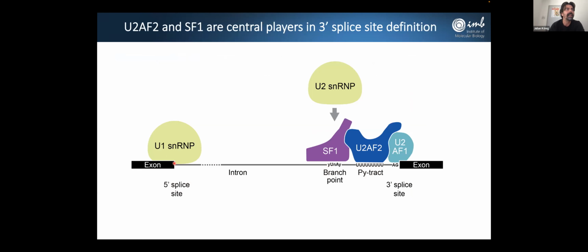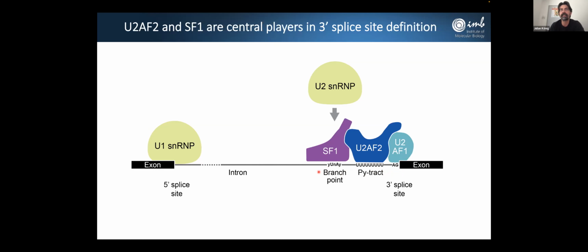At the beginning of the intron, the 5' splice site, the U1 snRNP, a part of the spliceosome, is recognizing the splice site in the initial steps of splicing. And at the end of introns, the 3' splice site, two proteins play an essential role.